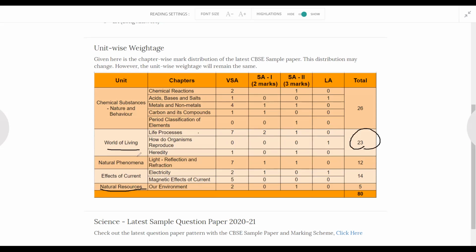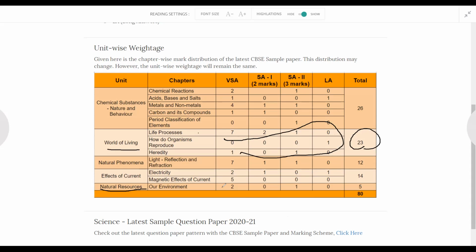The unit world of living will carry 23 marks, which may be distributed among these 3 chapters. This is based on this year's sample paper, so it may vary, but the total of 23 marks will remain the same.